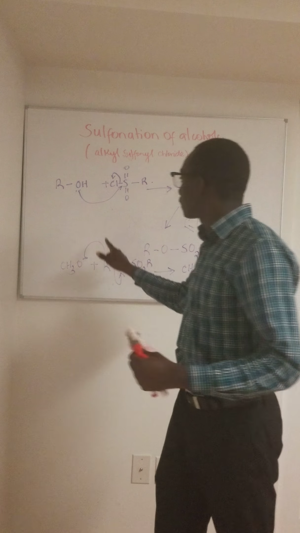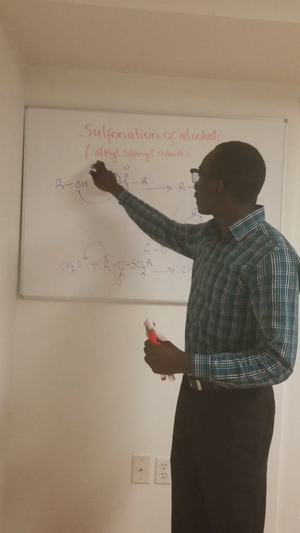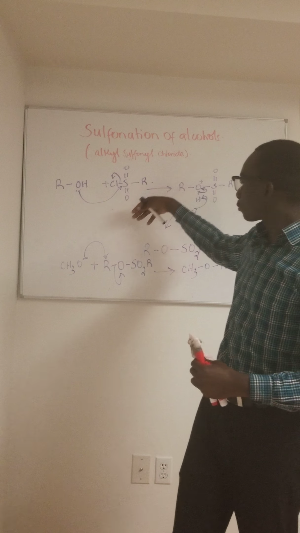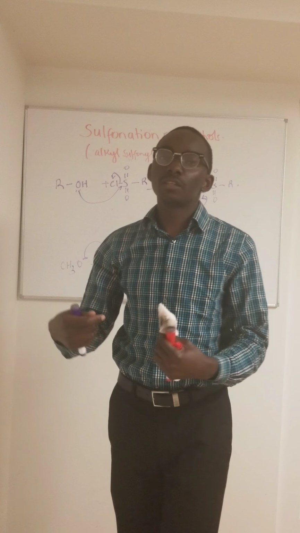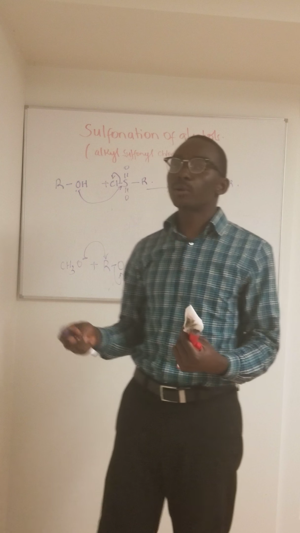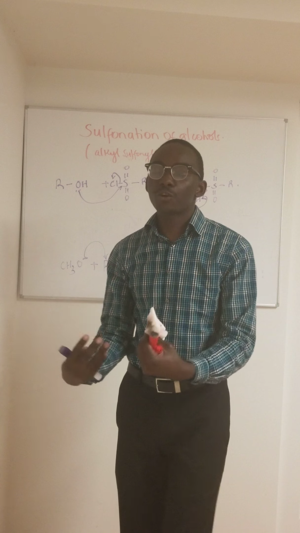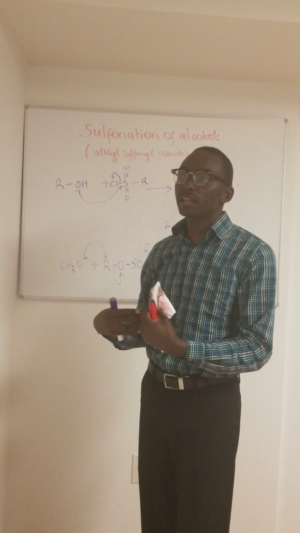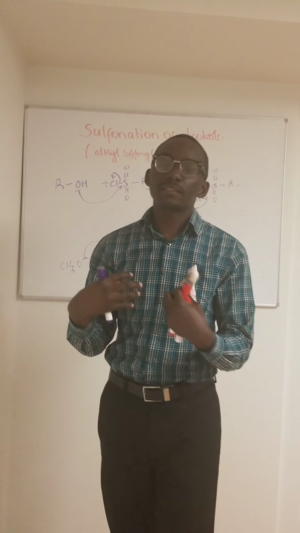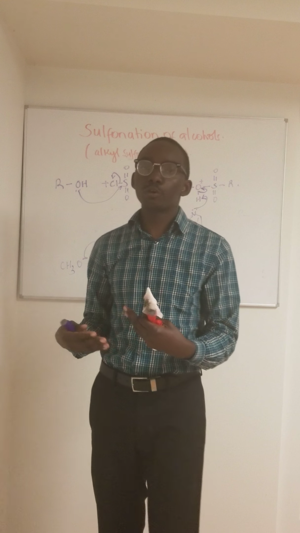This type of mechanism, these compounds, the ones we call alkyl sulfonyl chloride, can be used to make the OH of the alcohol a better leaving group. Hence the final product, the sulfonated product, acts as a storage, something that we can use to elongate a chain or to incorporate more functional groups in a given compound.